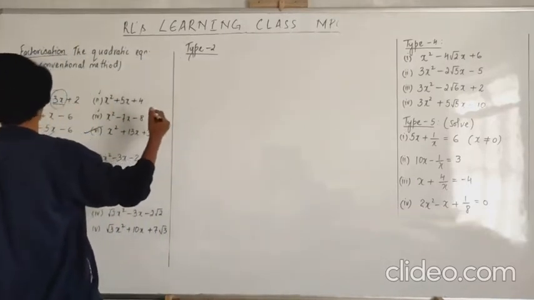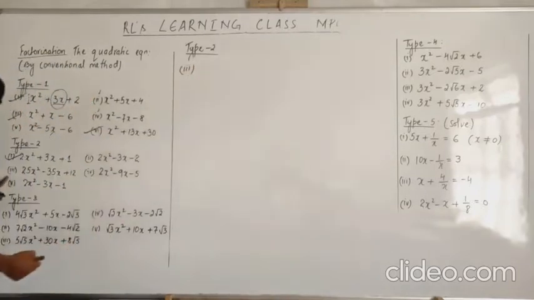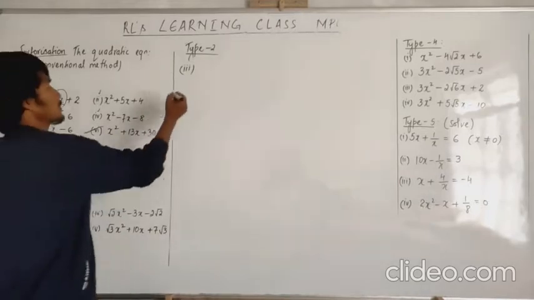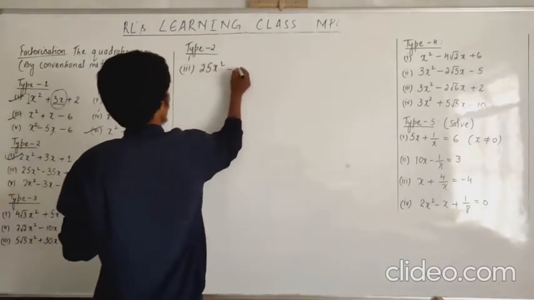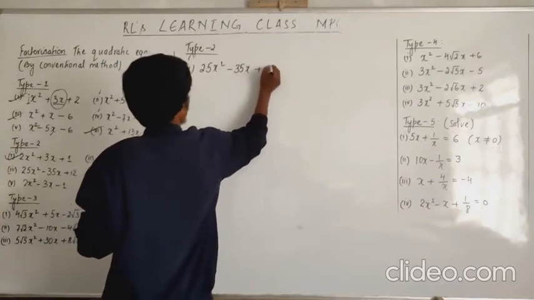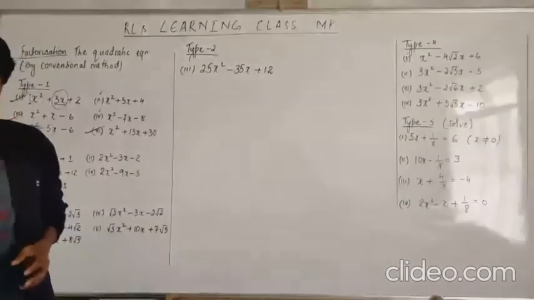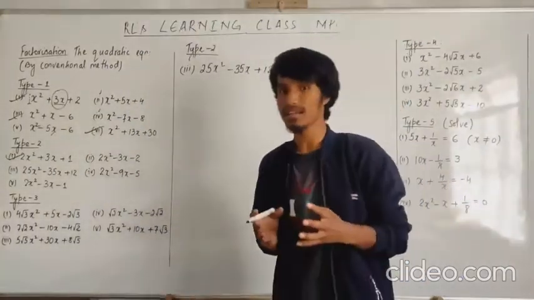Okay, question number 3. 25x squared minus 35x plus 12. Now, where is the difficult part of the factorization method?